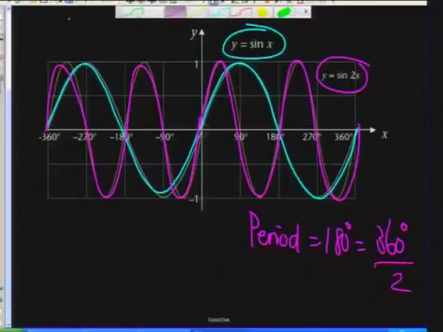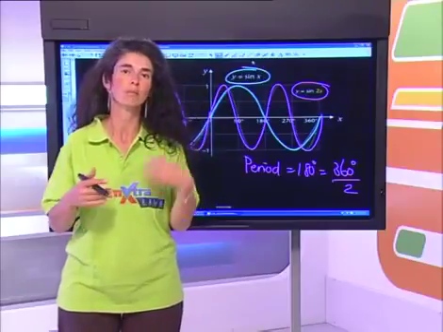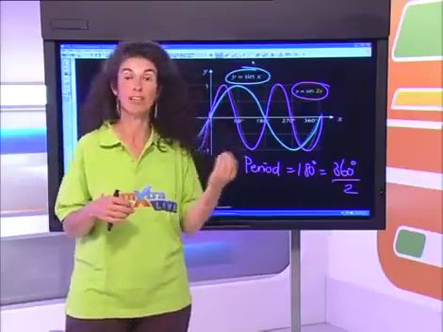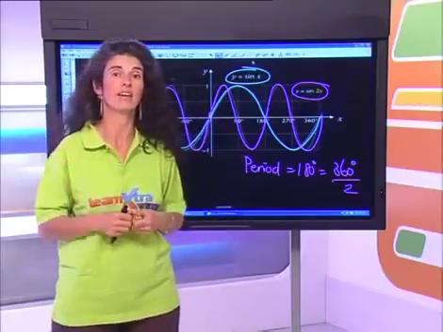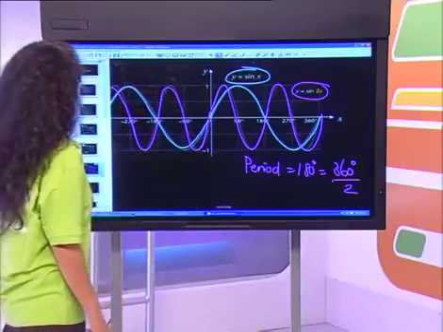So certainly we think that there is a relationship between the coefficient of x and its period, and we can see that if the coefficient of x is 2, the period has actually been halved. So we could say that there's an inverse relationship between the coefficient of the angle and its period. So let's look at this in more detail.